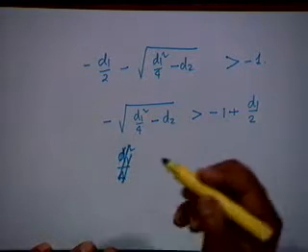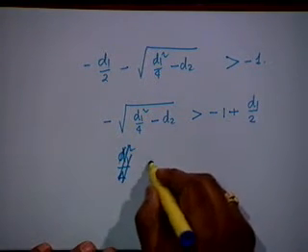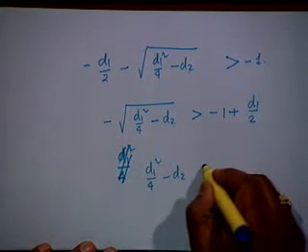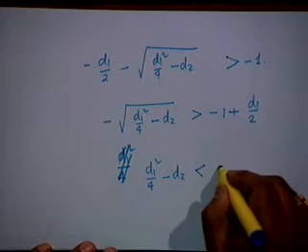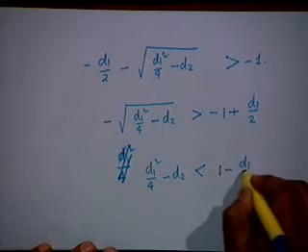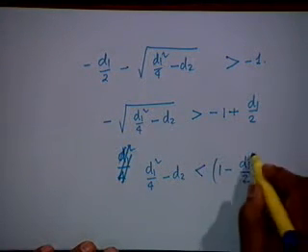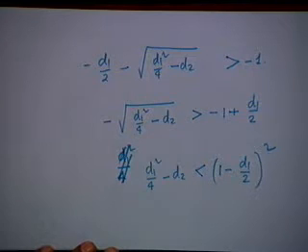So, let us change the sign. That is d1 square by 4 minus d2 should be less than 1 minus d1 by 2. Square of this. Let us square this.